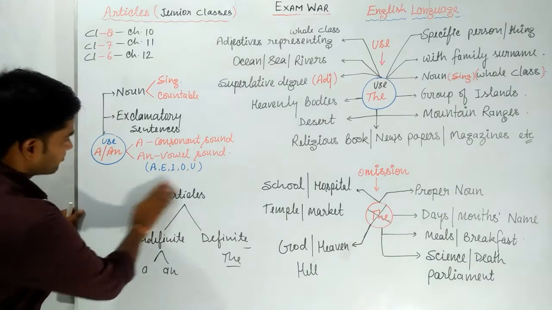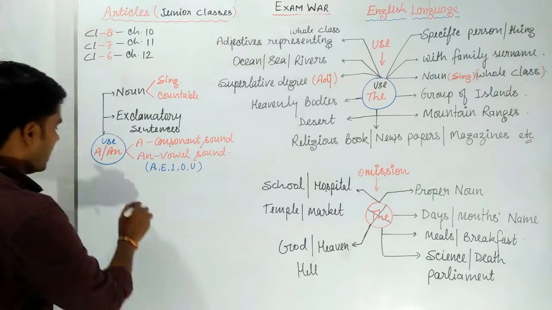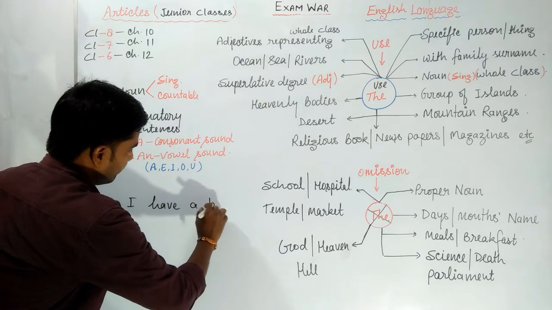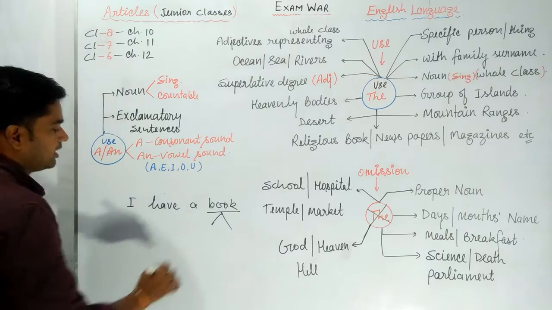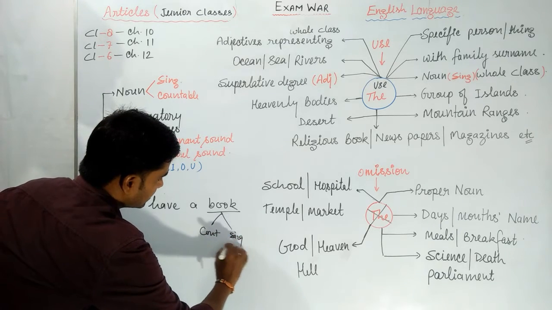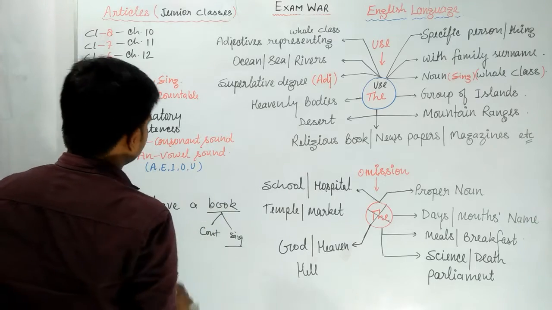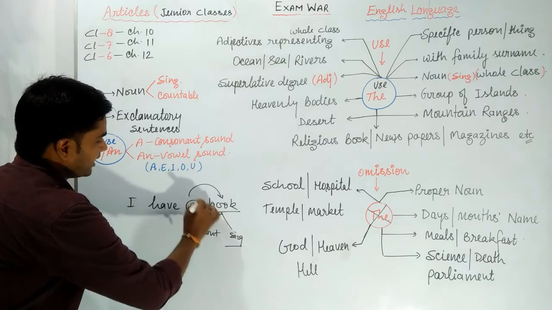For example, if I say, I have a book. Dear students, here book is countable and singular. This noun has both the qualities. It is countable as well as singular. That's why we used article a before it.